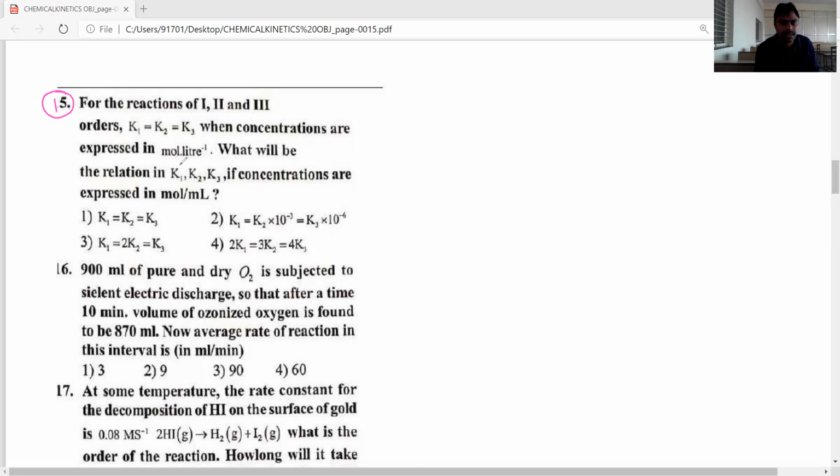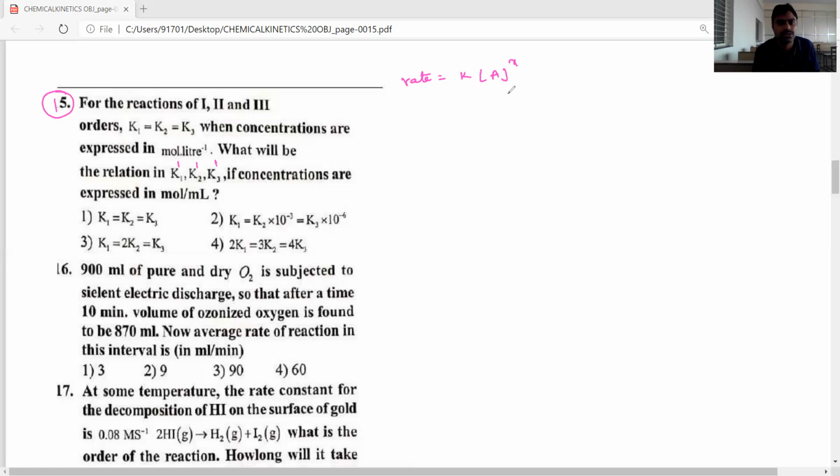See, in this case, if concentrations are expressed in mole per liter, then the relation between K1 dash, K2 dash and K3 dash we need to find out. For this case, rate is equal to K into A power X, where X is equal to 1 for a first order reaction.